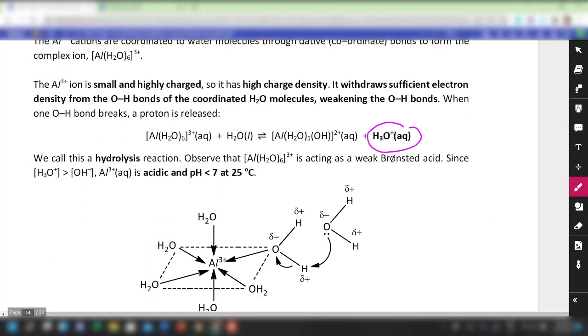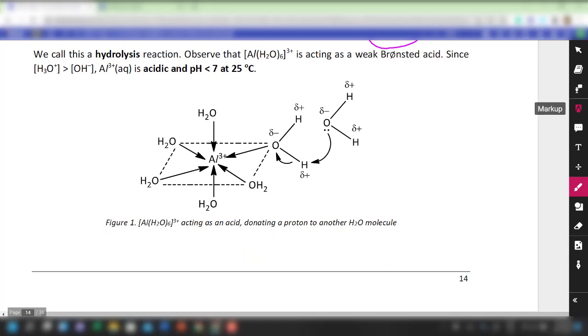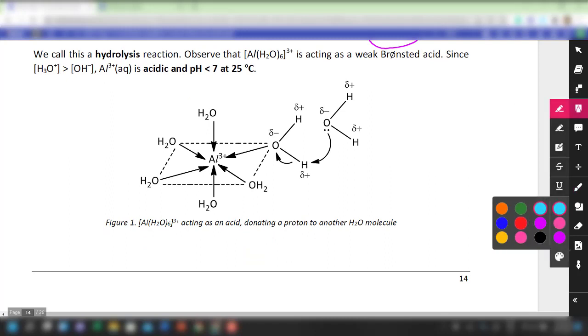Okay, and then we go back to this. Over here, basically, they are just trying to explain to you why it undergoes hydrolysis. This is something you probably haven't learned in H2 unless you have read ahead and looked at transition metals. So if we have an Al3 plus, most of the cations, except for group 1 cations, tend to be surrounded by water molecules.